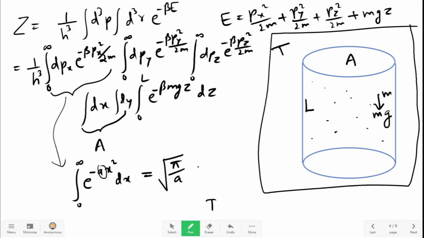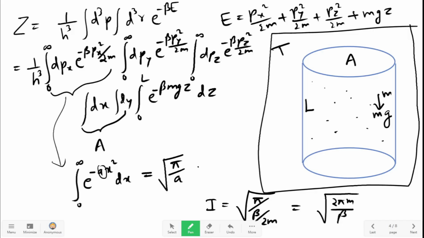So the integral evaluates to root of pi divided by beta upon 2m, which is equal to root of 2 pi m upon beta.